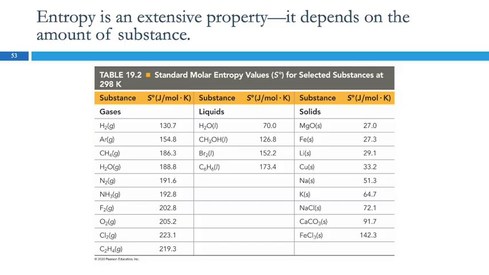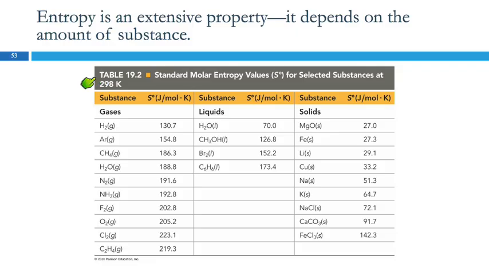So entropy is an extensive property. It does depend on how much substance you have. So we're going to express entropy in joules per mole Kelvin so that we can account for the amount. We can look up standard molar entropy values in tables.